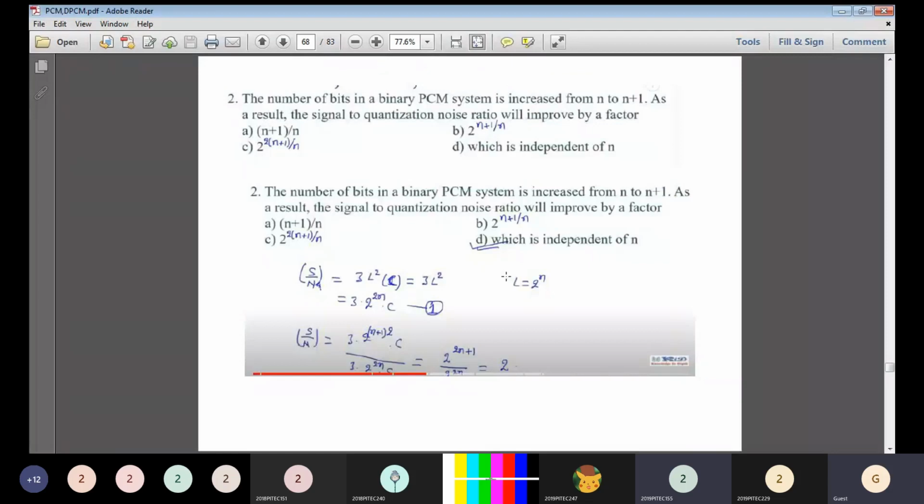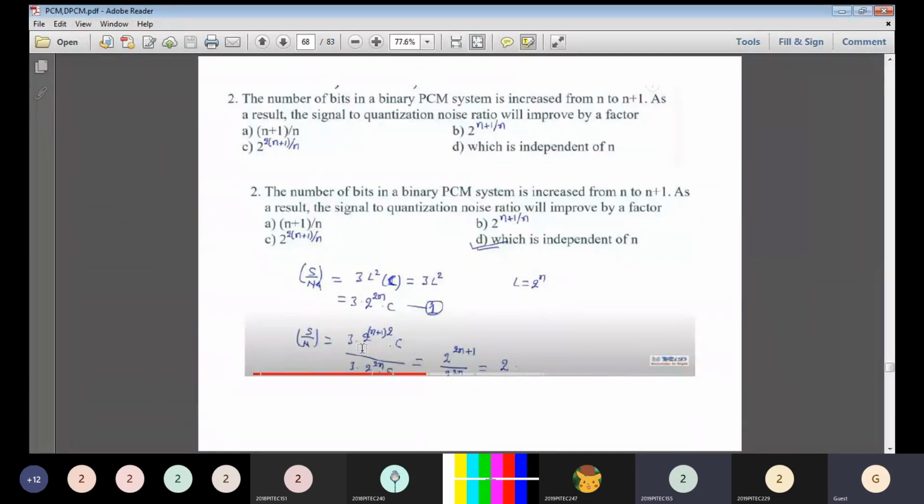So we can write the above equation as 3 into 2 power of 2n into C.